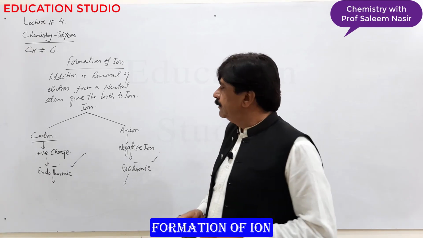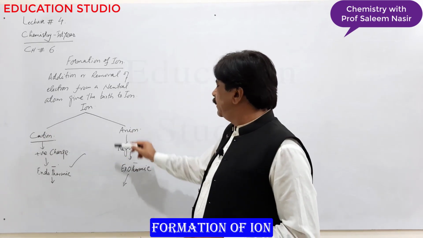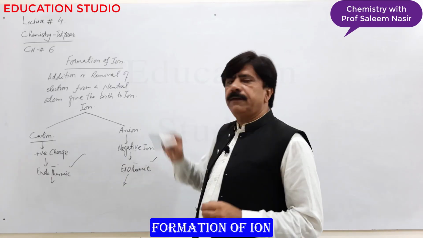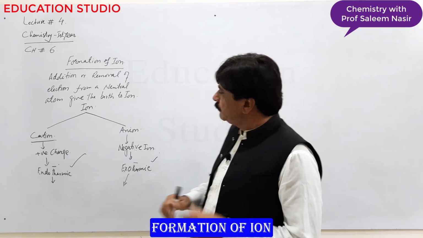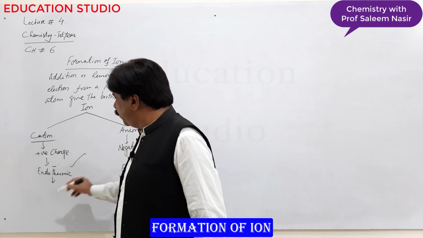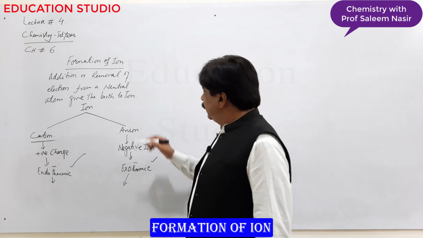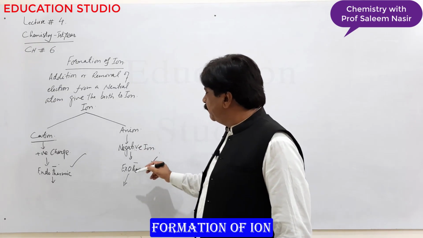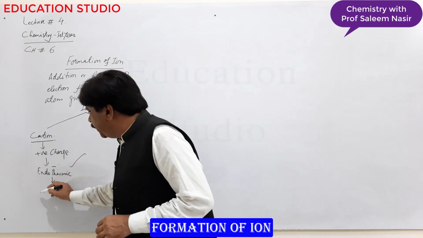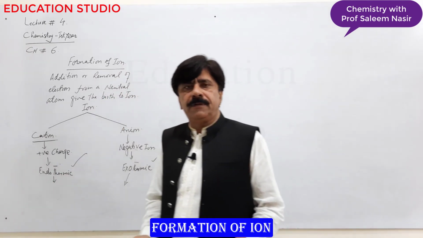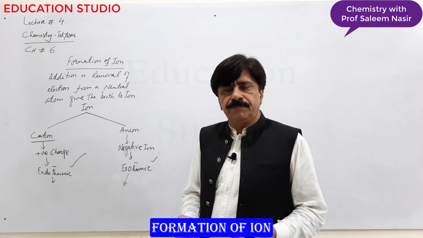The charge on the cation is positive and the charge on the anion is negative. For cation formation the process is endothermic, and in the formation of the negative ion the process is exothermic. Endothermic means the energy is absorbed, and exothermic means the energy is released.